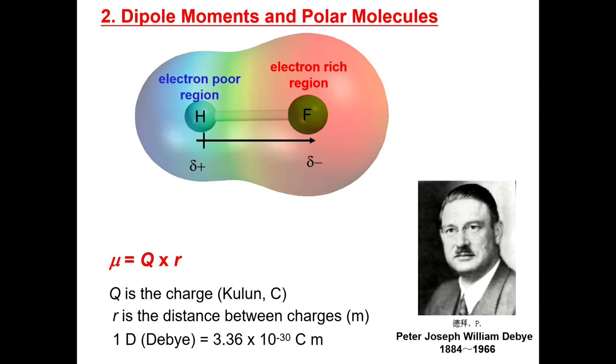So a polar covalent bond has a dipole moment. And of course, this molecule only has the HF bond, so it is a polar molecule.